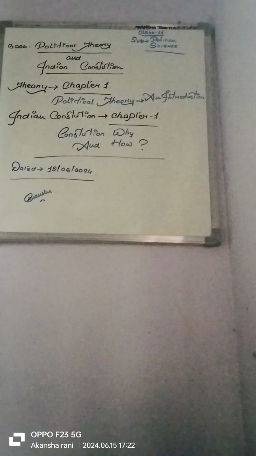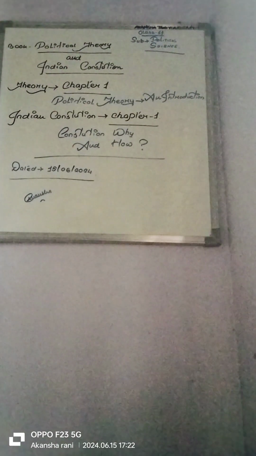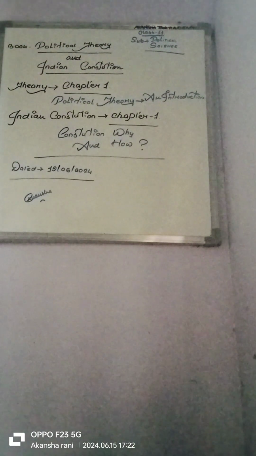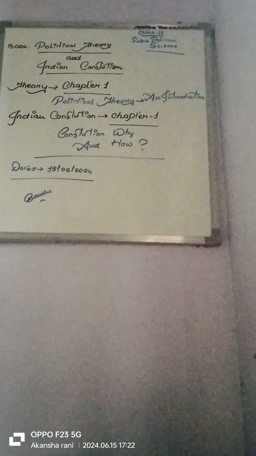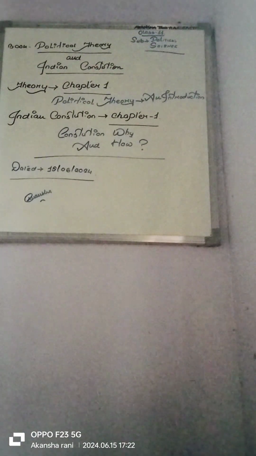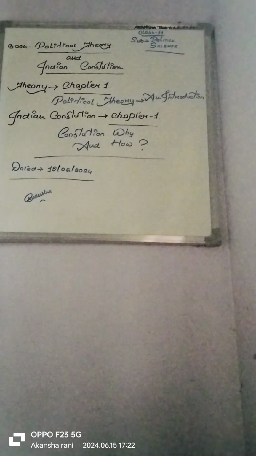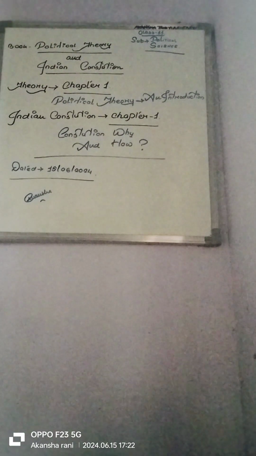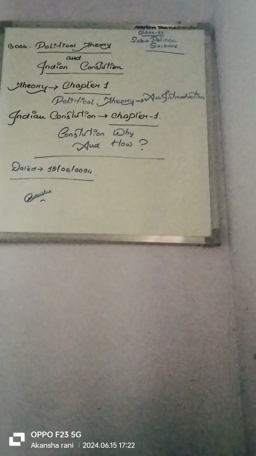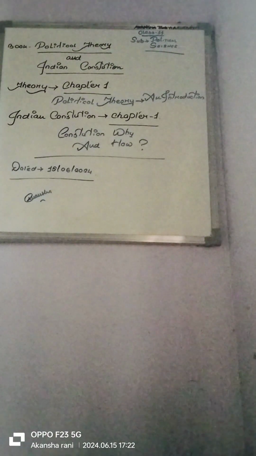So according to the first one, what is constitution? Actually, constitution is a set of rules according to which the government or the country runs.